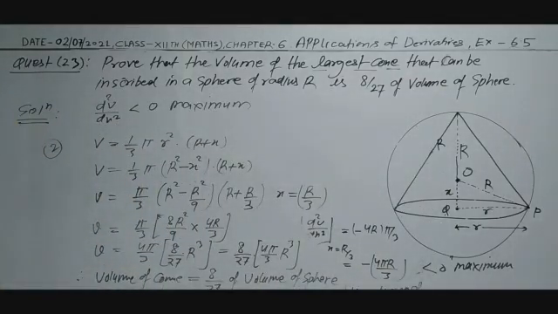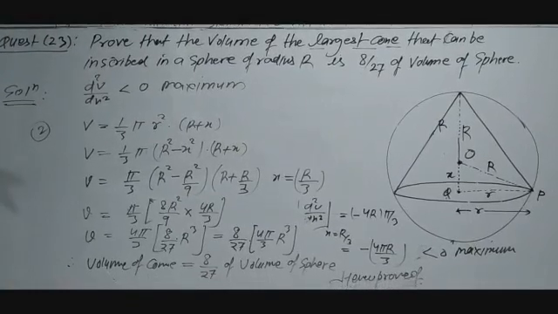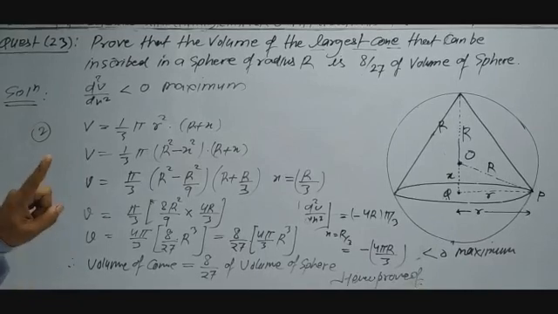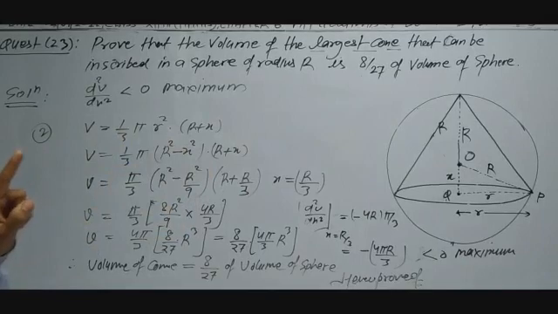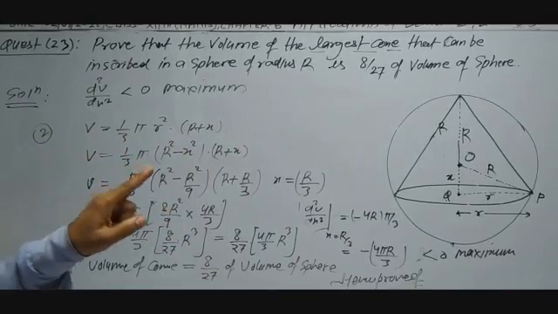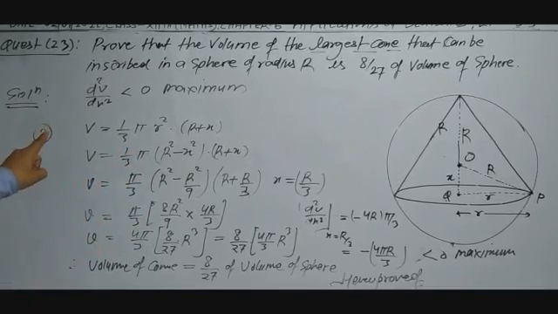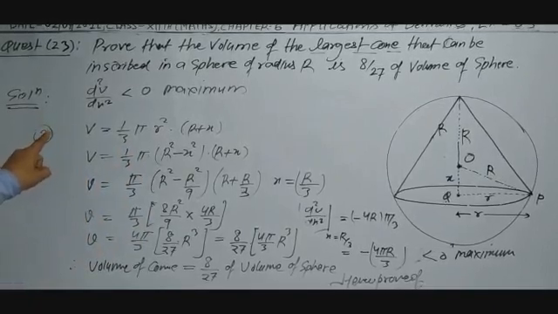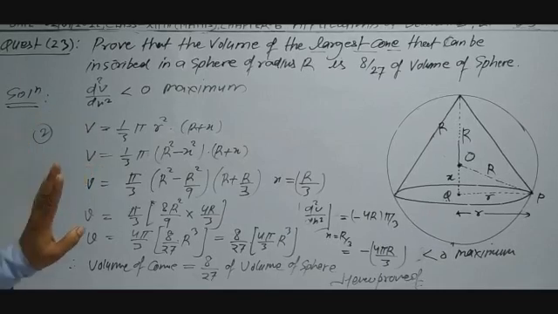So this is completed. Now see, in this question, first of all you have to write the relation between capital R, small r and small x, and find the value in terms of capital R and small x. Now you put the formula for the volume of the cone, 1 by 3 pi r square h.